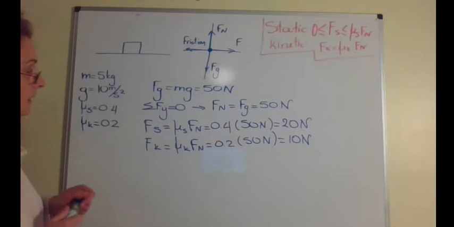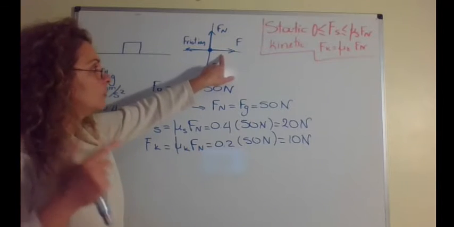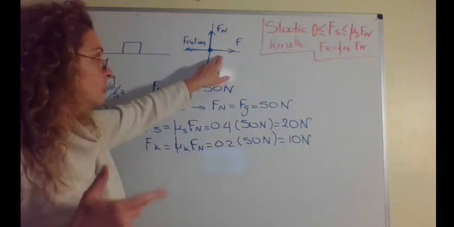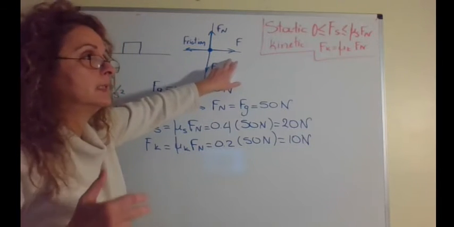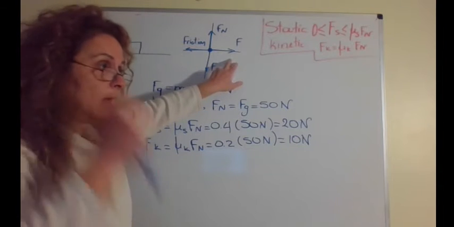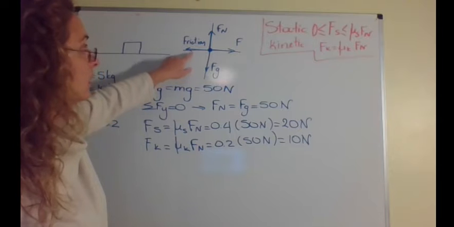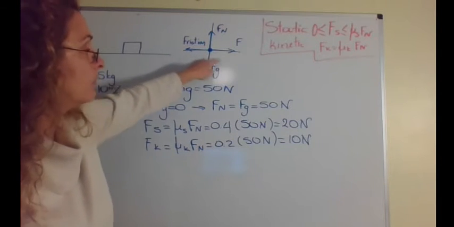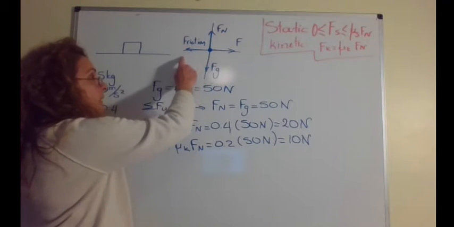What does that mean? That means that if my force goes up to 20, if it's 1 newton, 2, 3, 10, 15, 16, 17, 18, 19, up to 20, the static friction will be exactly the same as my force. So if my force is 5 newtons, friction will be 5.